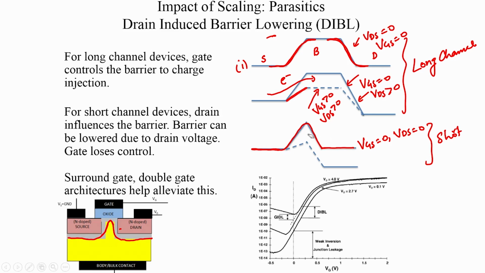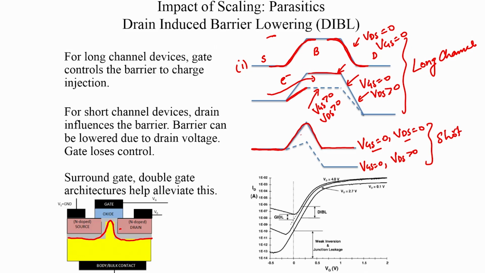And this is all at VGS equal to 0 and VDS equal to 0, without the application of VGS. If VGS is still kept at 0 and VDS is made greater than 0, then what we would expect is a band bending of this kind, as we see in long channel devices. We do not want VDS to actually influence this barrier height near the source side.